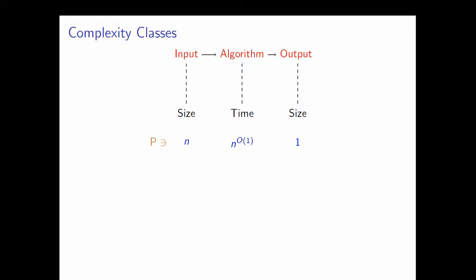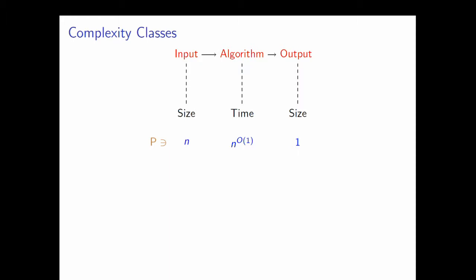So our input could just be any string, and we're just looking for strings that belong in our language. And what our algorithm does is it checks that. It returns 1 whenever it's in our language. The important thing about it being in the class P is that our algorithm runs in worst case time polynomial in the size of our input.